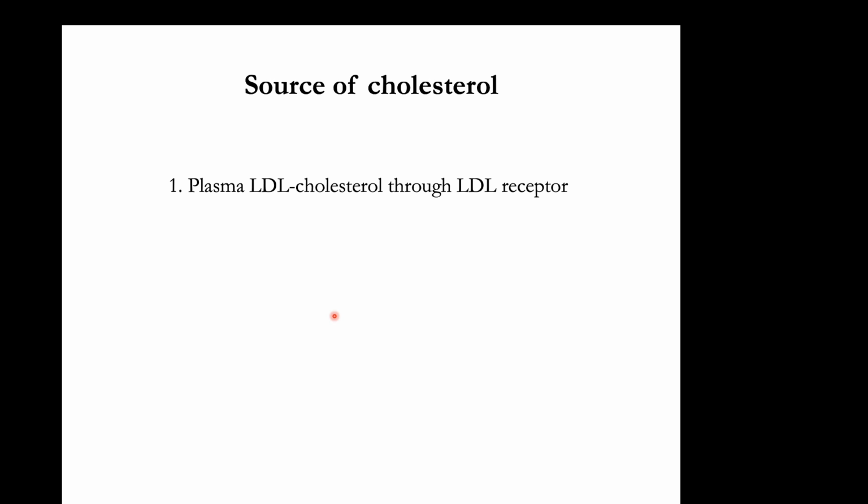The cholesterol is synthesized from acetyl coenzyme A by the cholesterol biosynthetic pathway, which we have learned in another topic. The third and least important is from HDL through the scavenger receptor beta 1. Although in certain animals, specifically the rat, it is the major source, in humans plasma LDL cholesterol is the major source.